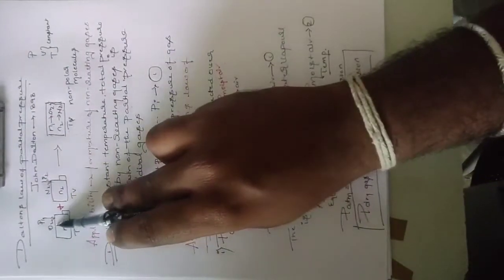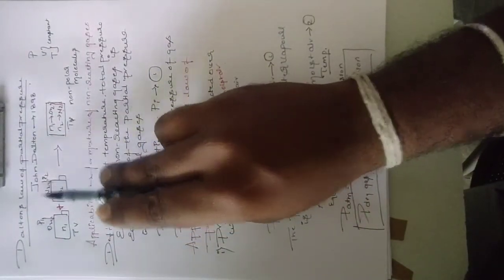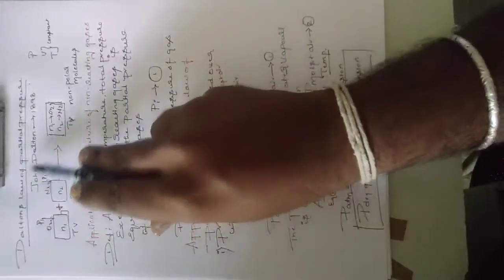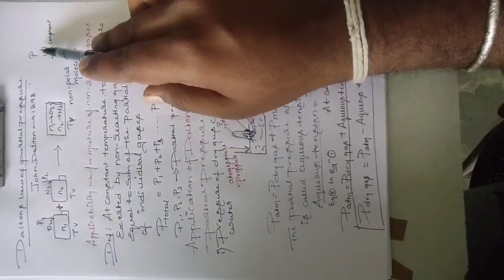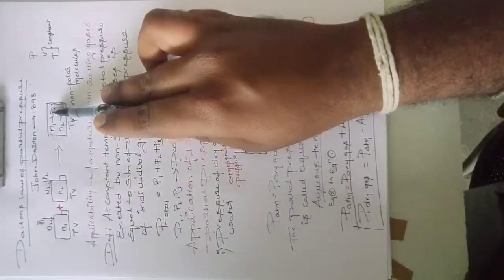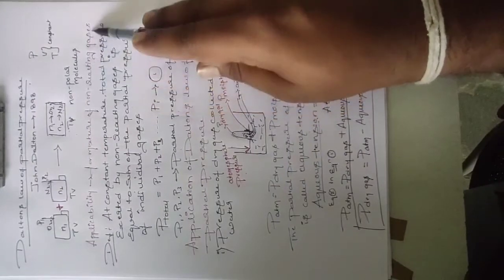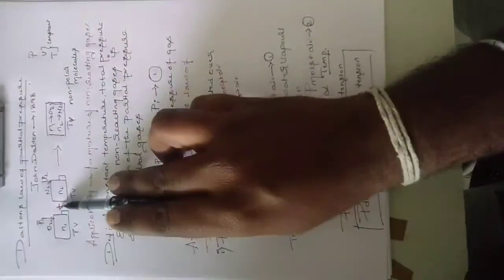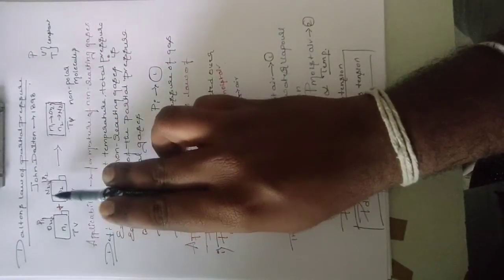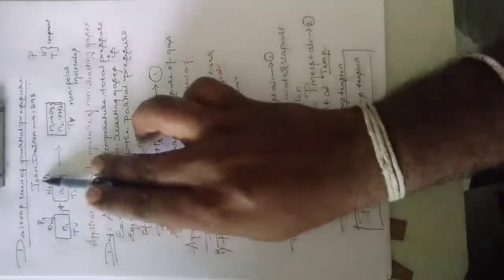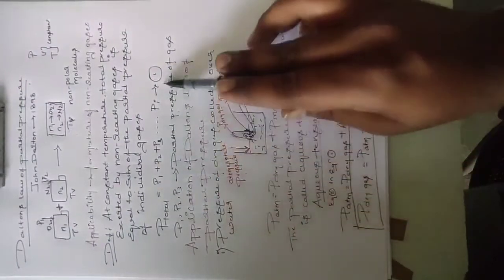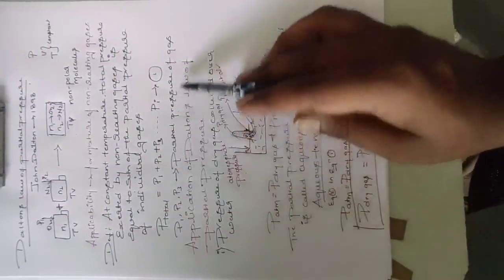For that it became partial pressure of oxygen, of nitrogen. Dalton law of partial pressures: at constant temperature and volume, the total pressure exerted by non-reacting gases is equal to the sum of the partial pressures of individual gases, where P1, P2 are the partial pressures of the gases.